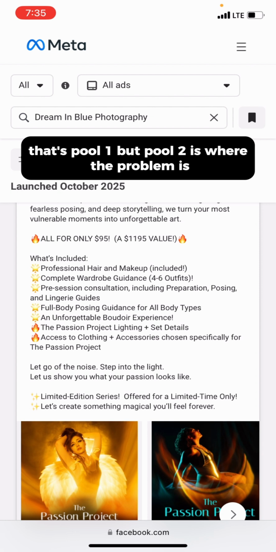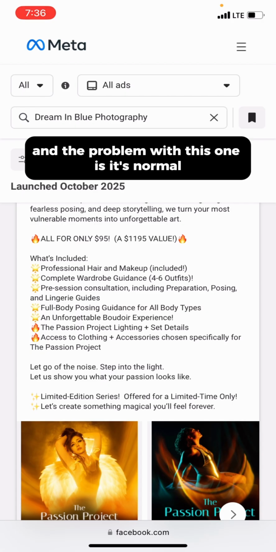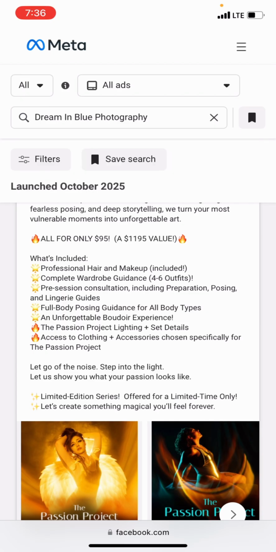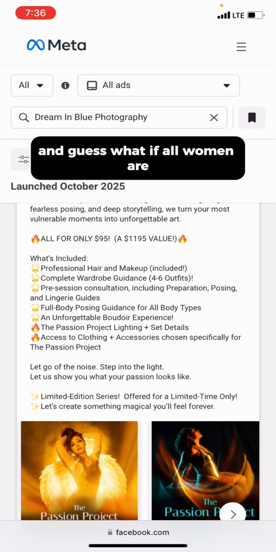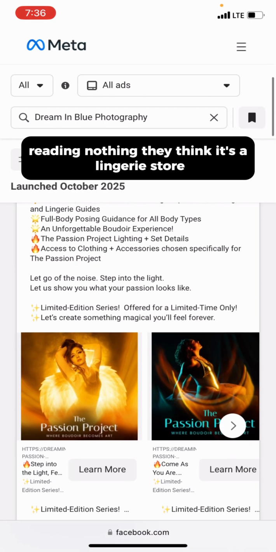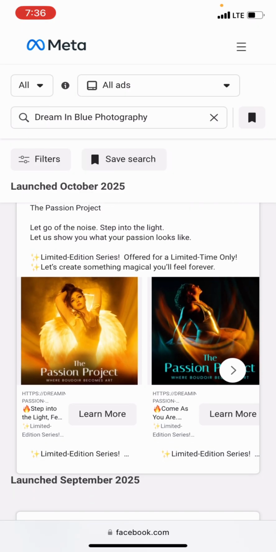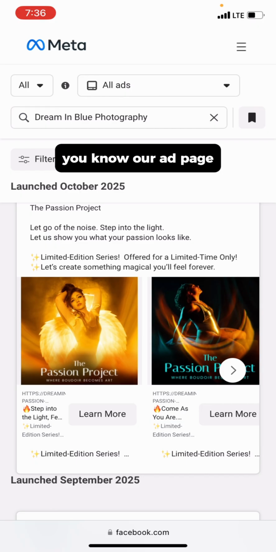That's pool one. But pool two is where the problem is. This pool is all the ad clickers, and it's normally 10 to 50 times larger than pool one. And guess what? If women aren't reading anything, they think it's a lingerie store, they click "learn more," and they come to our ad page.